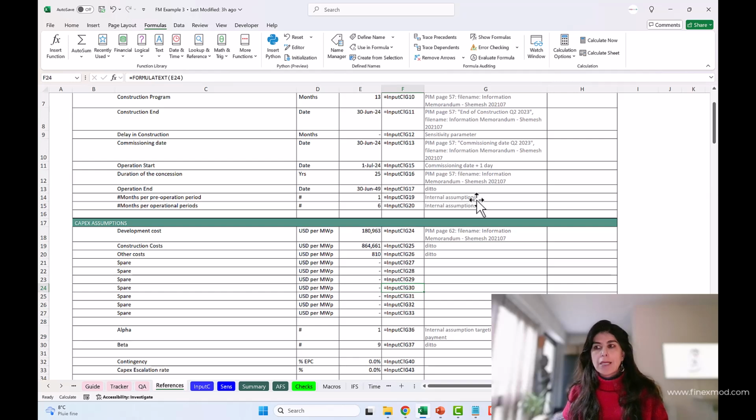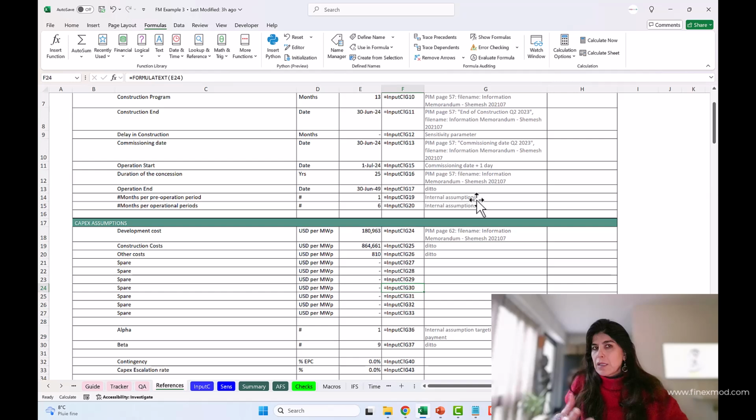And remember, when you are having these different rounds of reviews on the model, whether with the lenders, sponsors, or between the sponsors, one of the key critical questions that they will ask is, where did you get your data from, right? So having this sheet within your model is going to also reduce all this question and answer on the model, and people will understand where you got your data from.